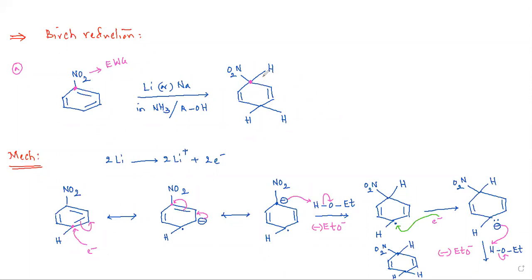This needs to be considered. So whenever there is a withdrawing group, simply speaking, the pi bond is withdrawn from that particular carbon. So this is how we can summarize this.